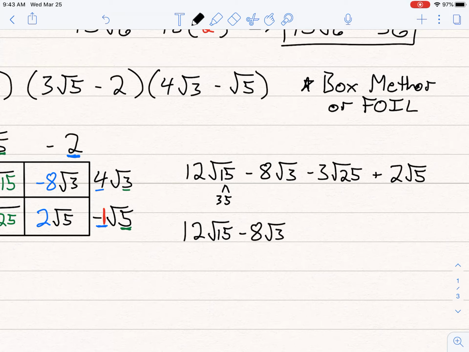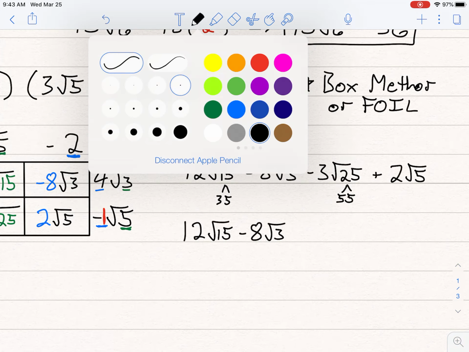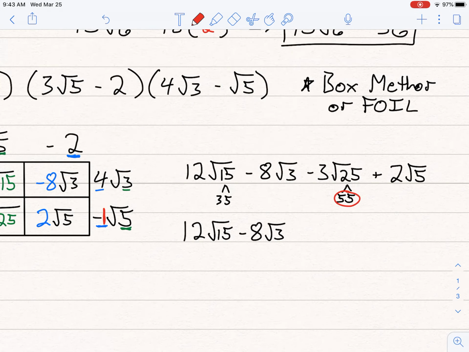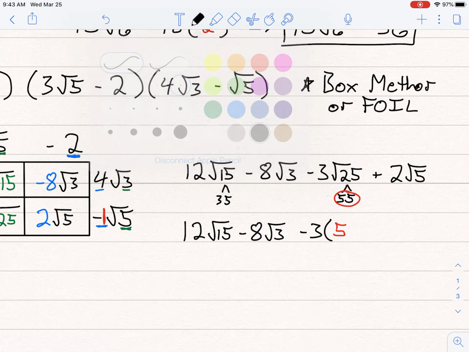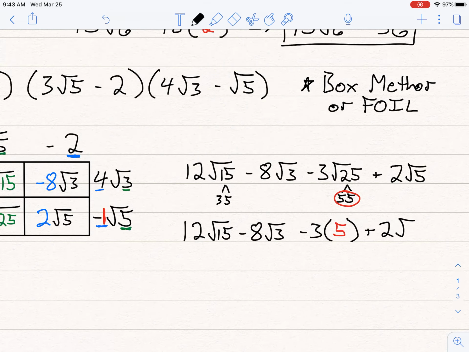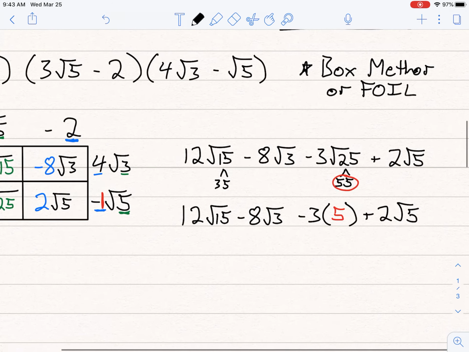The 8 square root of 3, that's also going to stay as is. There's no more to simplify, but the square root of 25 is 5. So that means that this is actually negative 3 times 5 as this expression. So negative 3 times 5. And then this also remains as 2 square root of 5.